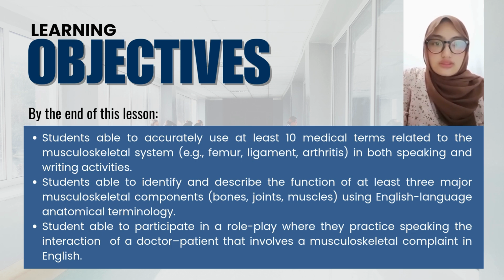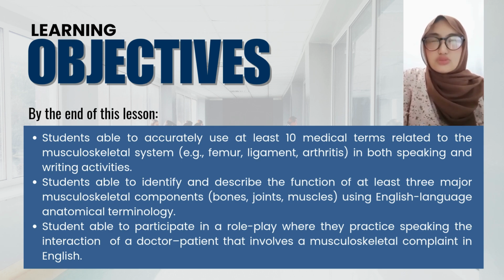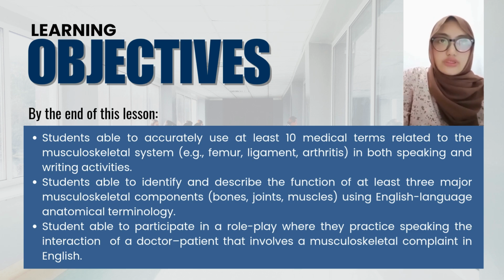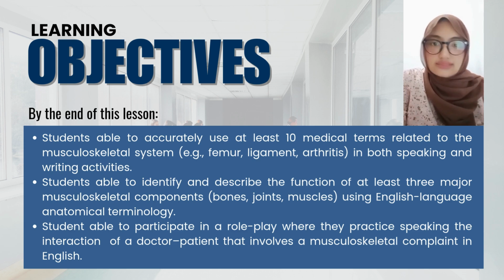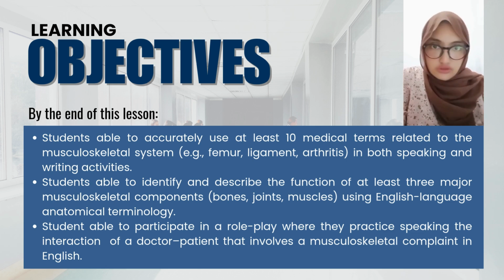The second one, you're able to identify and describe the function of at least three major parts of the musculoskeletal system, which are the bones, joints, and muscles. And the third point is you are able to participate in a role play where you practice your speaking skills as a doctor and patient that involves this topic in English. That's basically the whole thing. What are you going to achieve as a student by the end of this lesson?